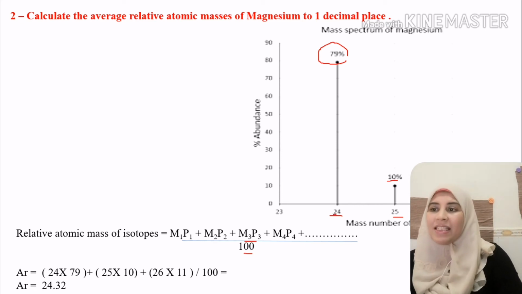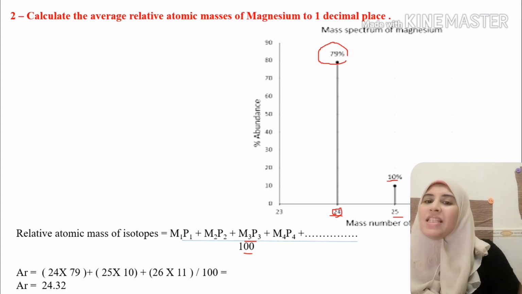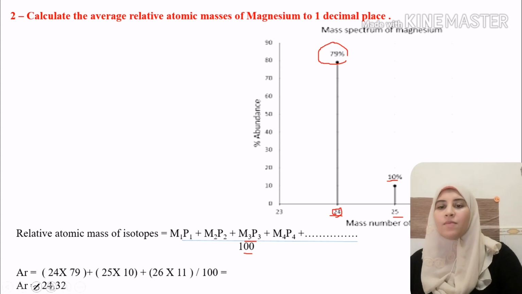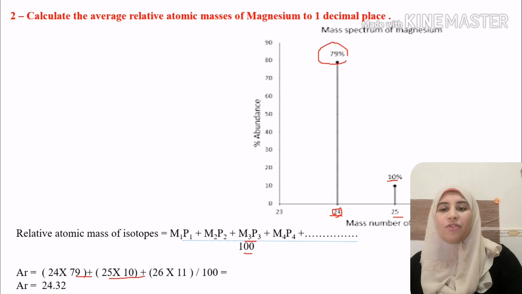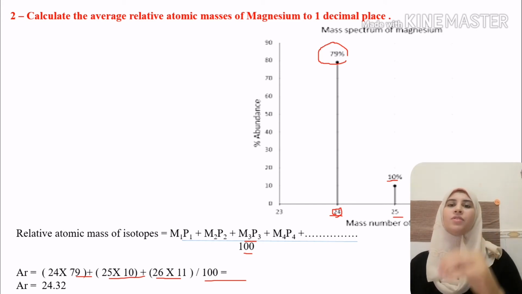The first one is 24 atomic mass and 79%, so it is 24 times 79. Second one, it is 25 times 10. Third one, 26 times 11, divided by 100.